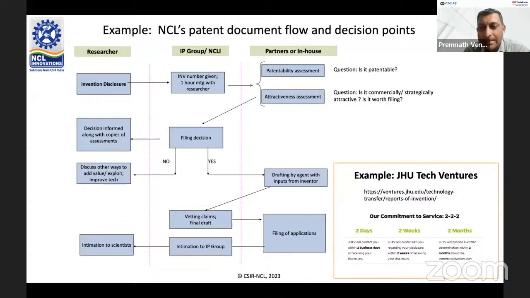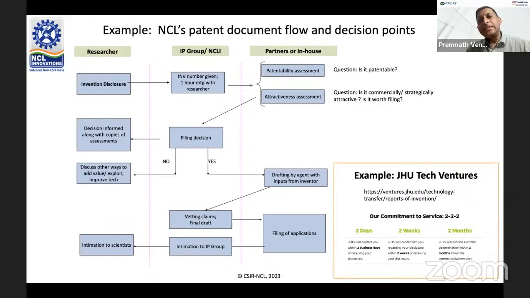Within 2 weeks, we will have a discussion with you on the invention disclosure and figure out what to do, etc. And within 2 months, there will be a commercialization plan that they will suggest to you, that could include a variety of things, including patents and so on and so forth as well.